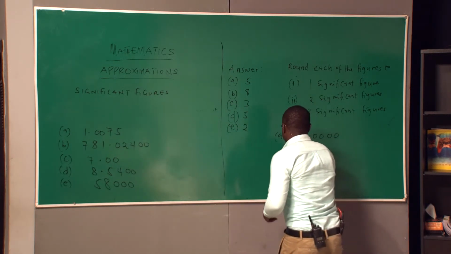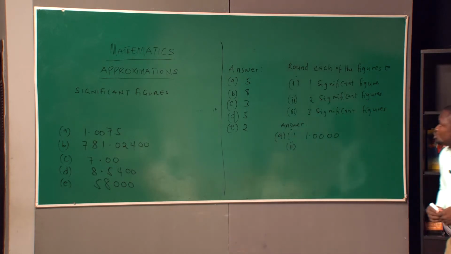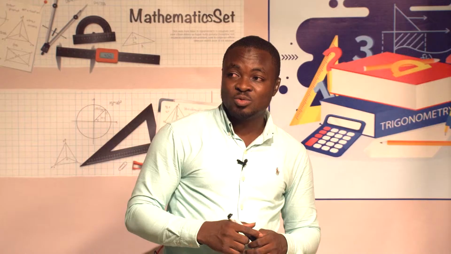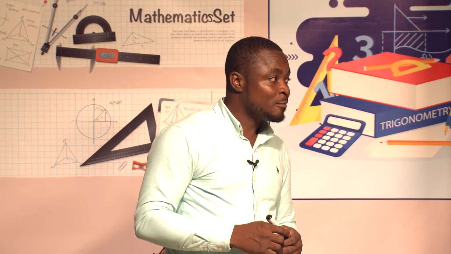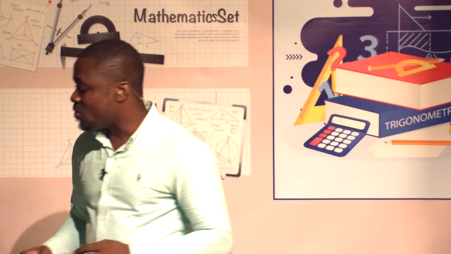Let's do the other one. II, to two significant figures. Hikma, to two significant figures. 780000. We are still dealing with the A. You correct it to two significant figures. 1.00.